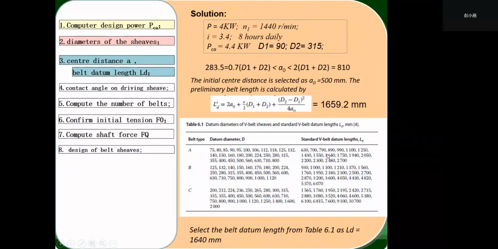So we should choose a value close to the calculated value. So we choose this, 1640. Yes, we choose this as the standard value.